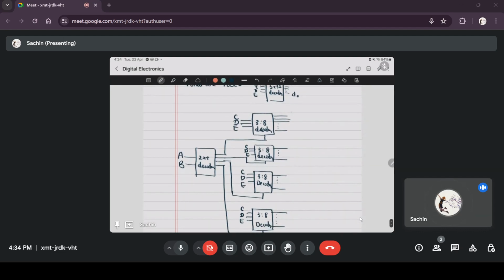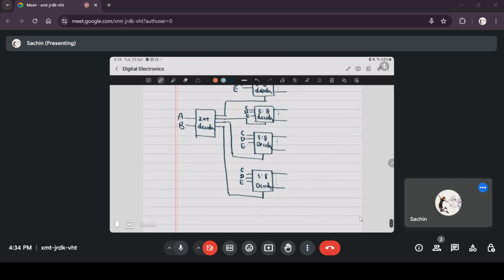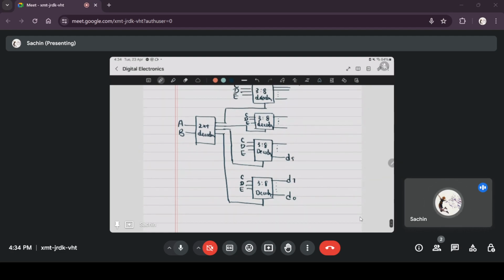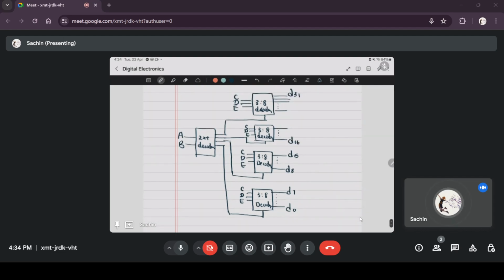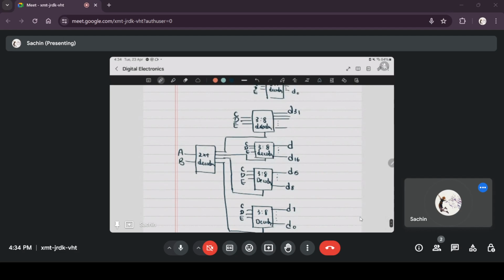Now this will be D31, this will be D0, D7, D8 to D15, D16 to D23, D24 to D31.